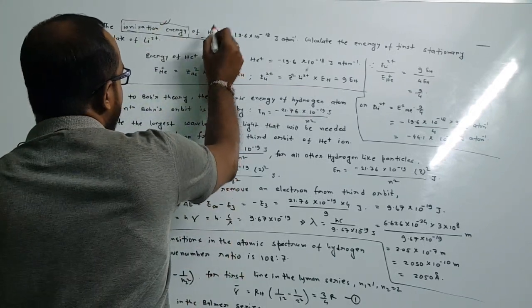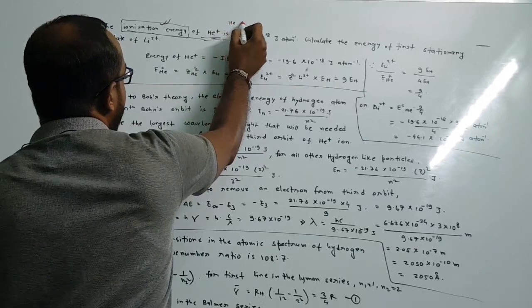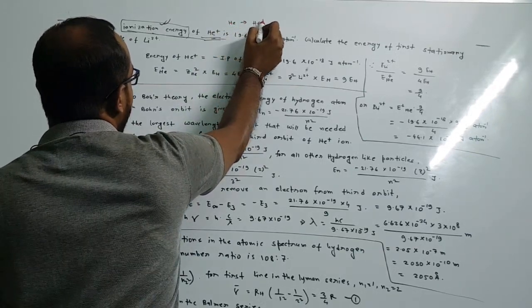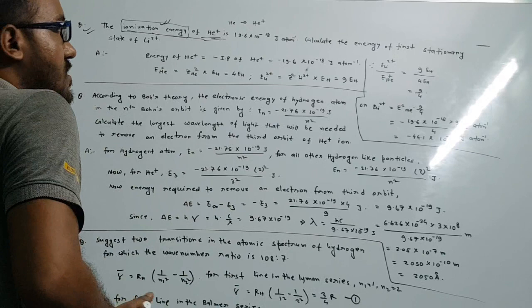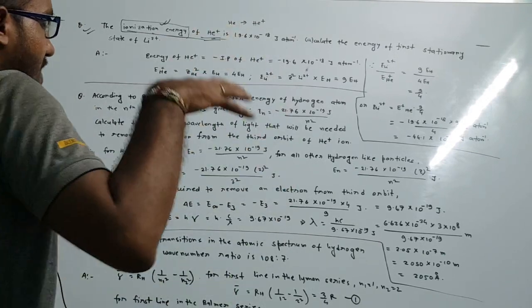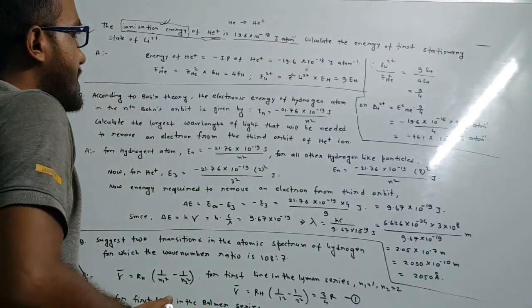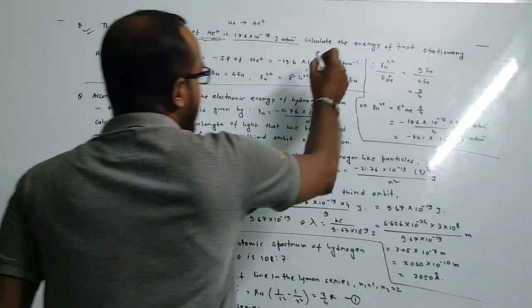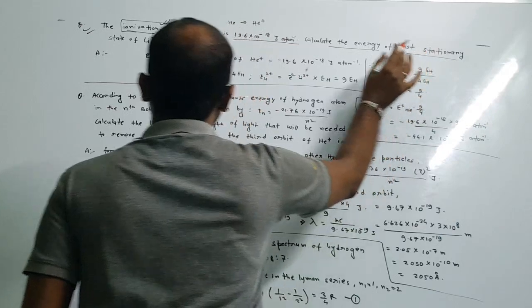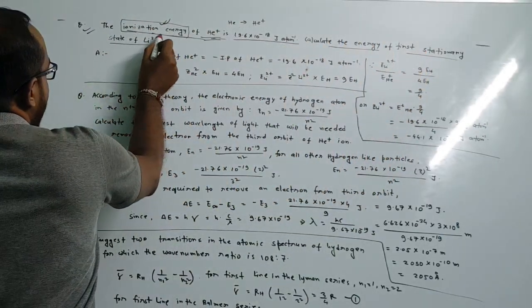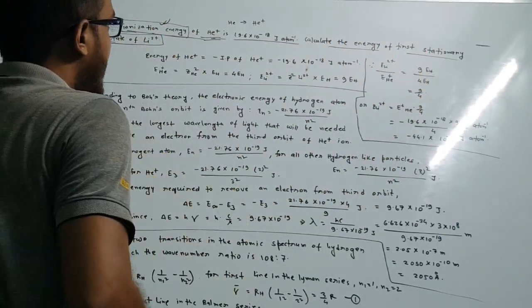Now see, we have converted helium to helium plus. That means we have removed one electron by providing some energy. That energy is given as 19.6 into 10 to the minus 18 joule per atom. The question is, calculate the energy of the first stationary state of lithium 2 plus. So it's a very important question.